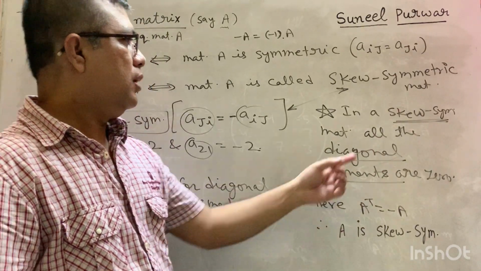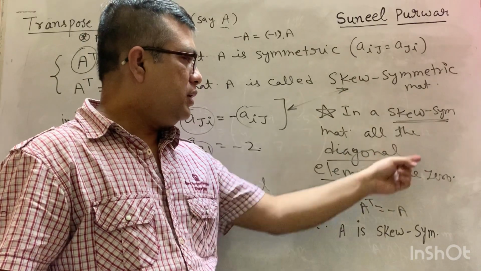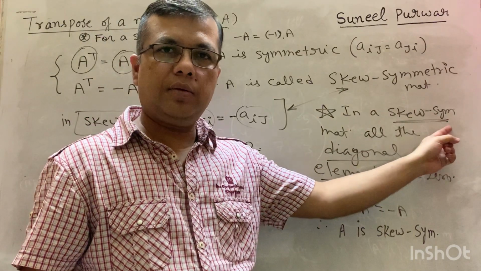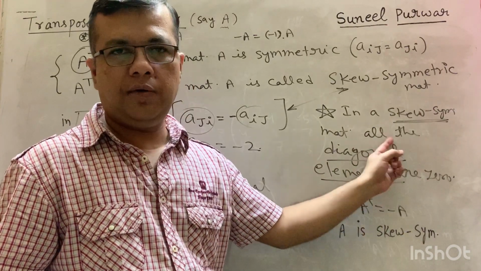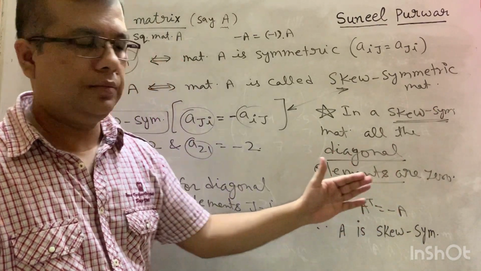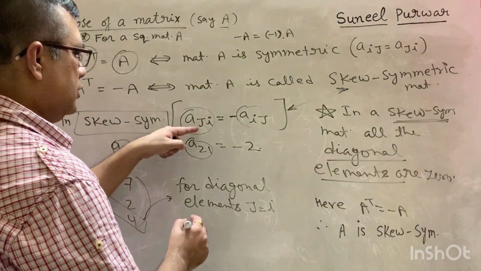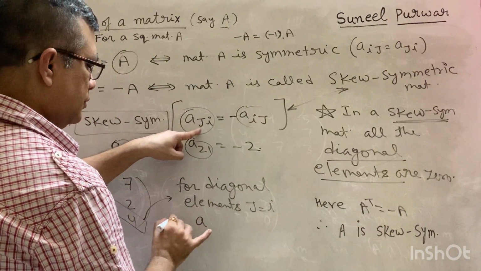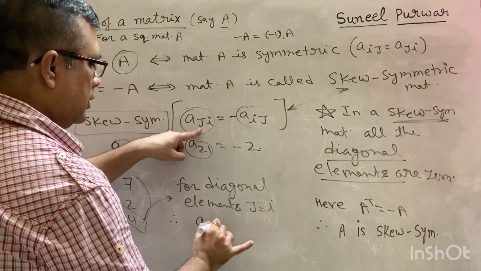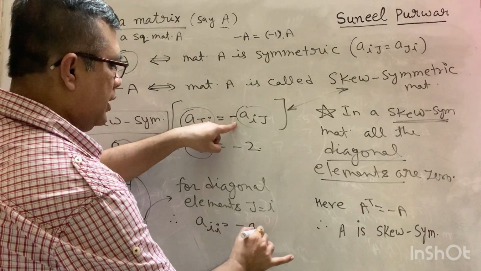I repeat. The property says if a matrix is skew symmetric, it will have all its diagonal elements to be 0. What's the logic? For diagonal element J is equal to I, put that. Hence Aii equal to minus of Aii.